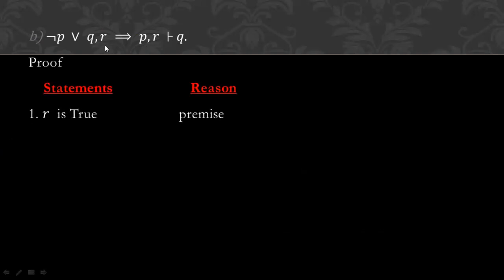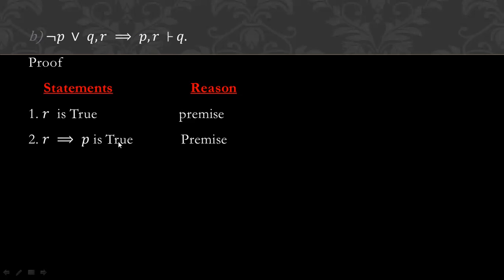It starts from the simplest statement, that simply is a premise, which is R here. R is true, since it is a premise, so we can consider this one as a given.